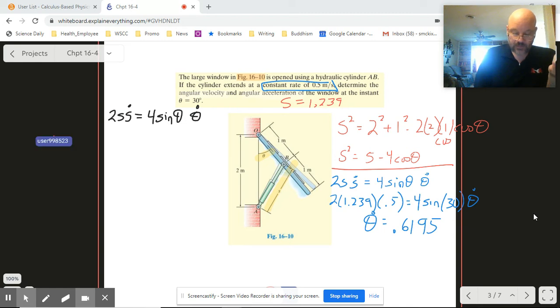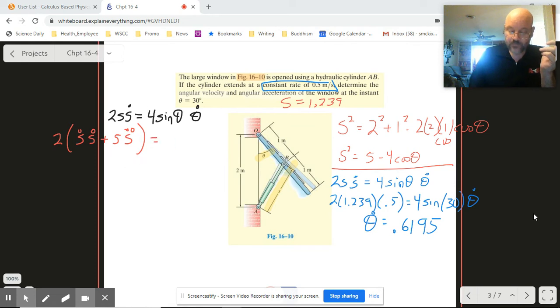So I've got 2 onto the derivative of s, which is s dot. I have to use the product rule: s dot times s dot, plus s times the derivative of s dot, which becomes s double dot.